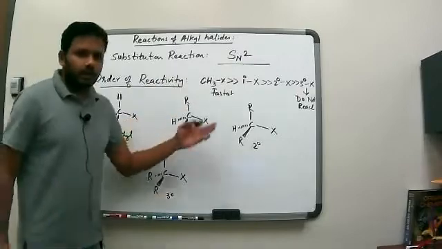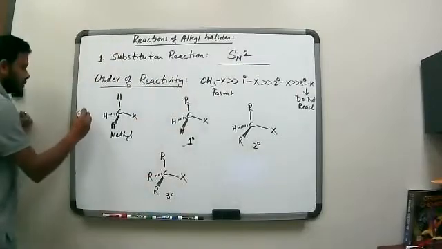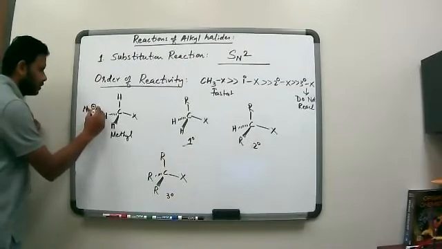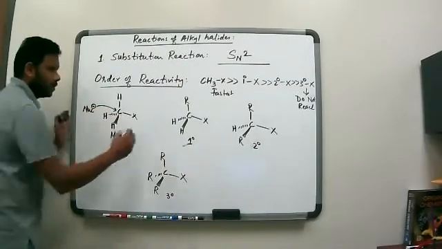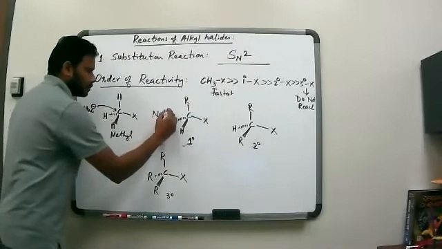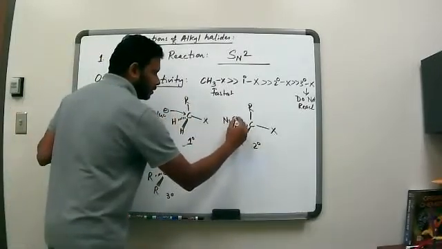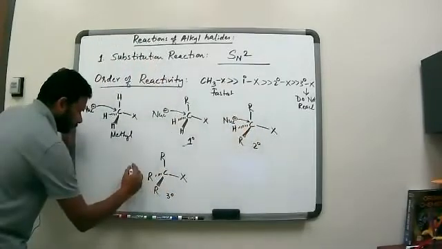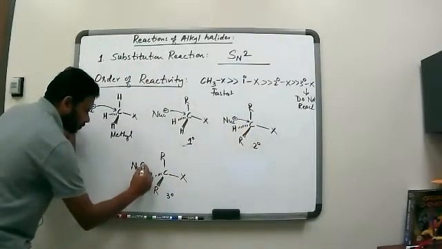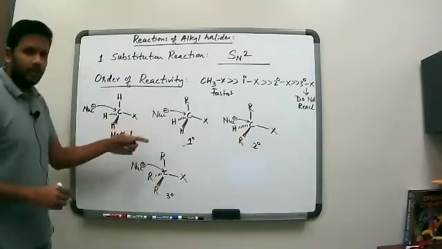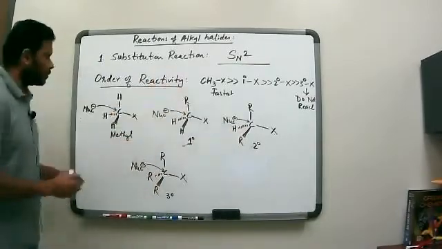And what we're comparing here is what happens when a nucleophile comes and attacks each of these carbons: methyl, primary, secondary, and tertiary. As that attack happens, remember the X minus is also going to leave.